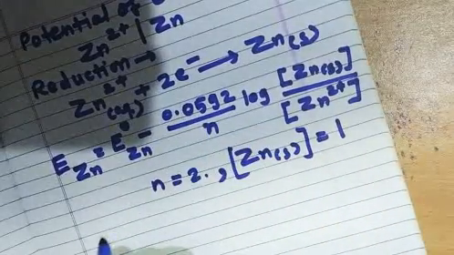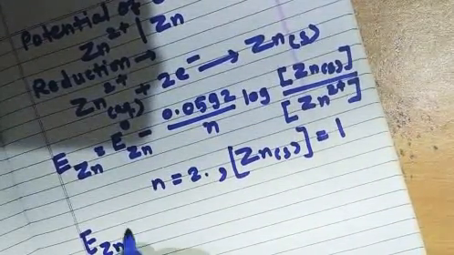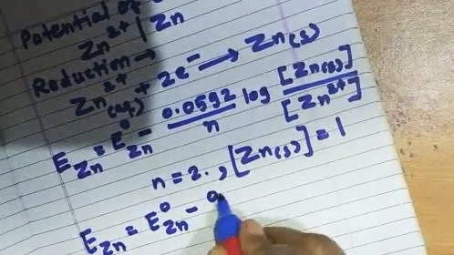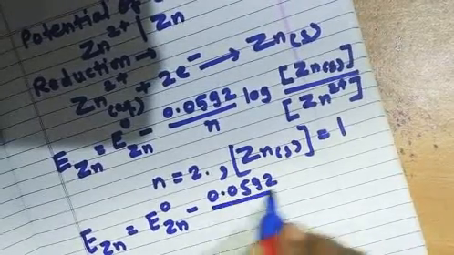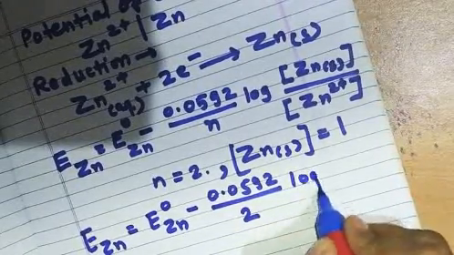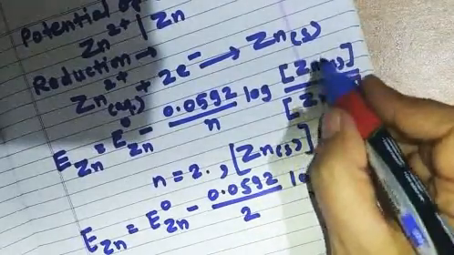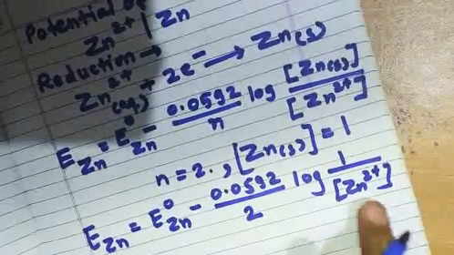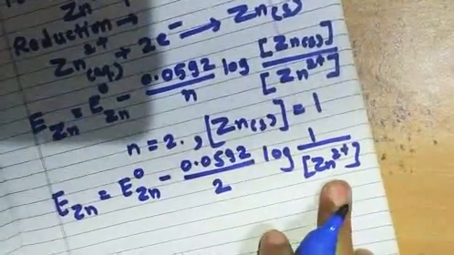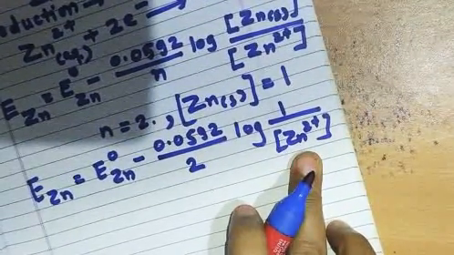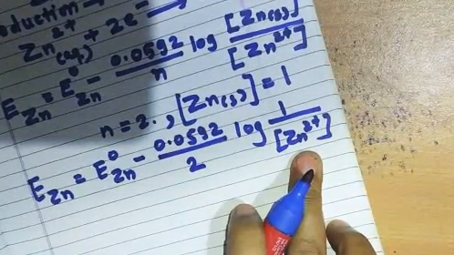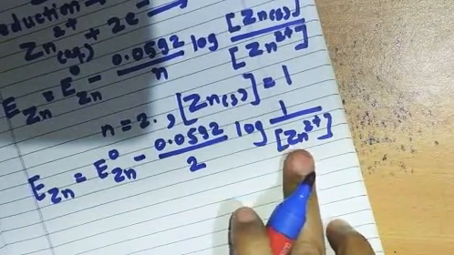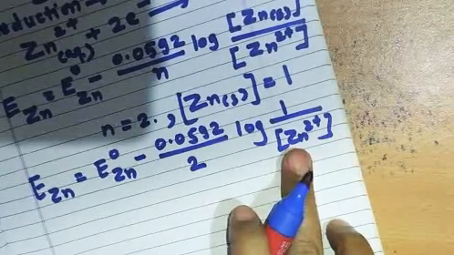Putting these values in the above equation, we have E for Zn is equal to E naught for Zn minus 0.0592 divided by 2 log base 10 of 1 upon Zn2+. It has some concentration. Now, if we want to calculate very easily, then this equation can be converted by following the rules of logarithm.